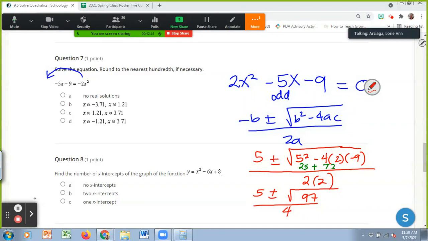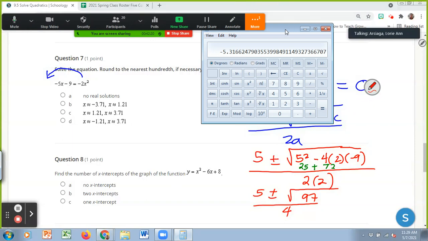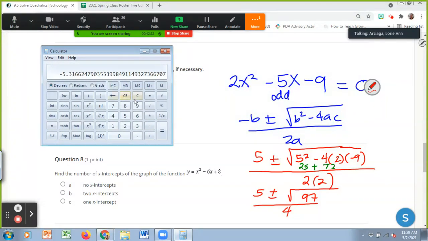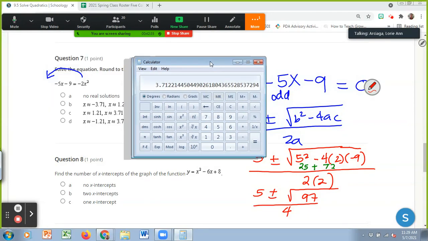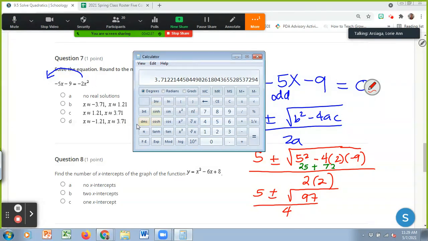Over 4. Okay, now we have to get that in decimal. So 97 radical plus 5, divide by 4 is 3.7. Do we have a 3.7? Yes, we do. Positive. Oh, but there's two of them.